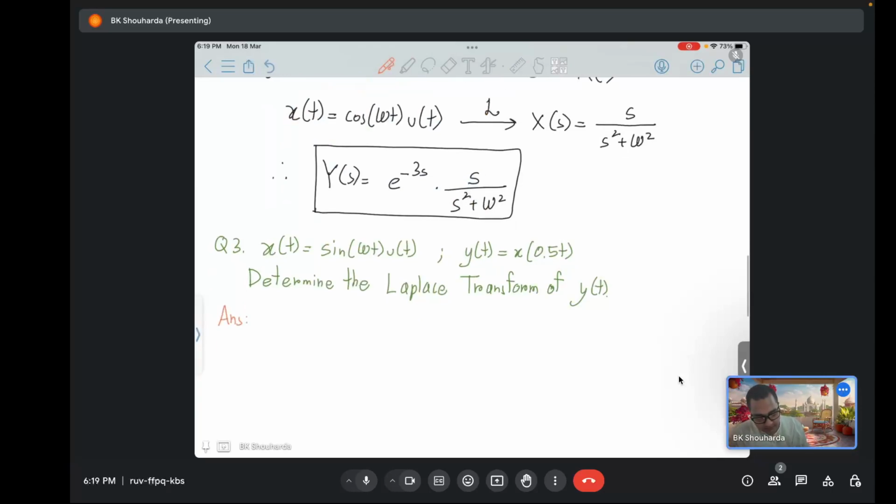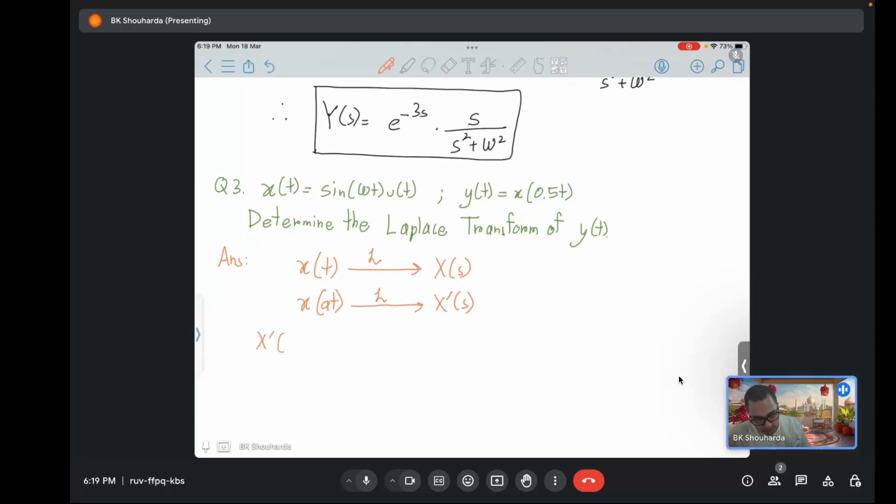So let's say you have a signal x(t) once again whose Laplace transform is X(s). Now we are supposed to find the Laplace transform of the scaled version of this signal.